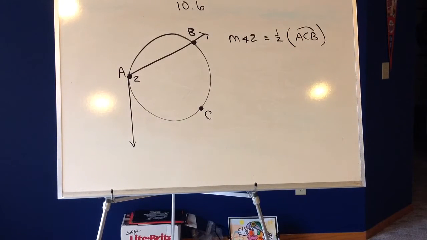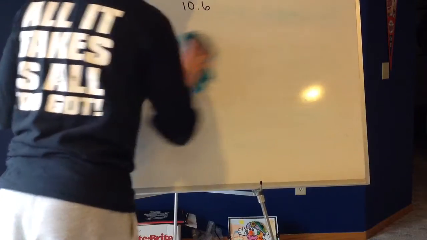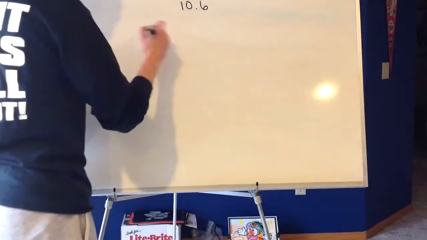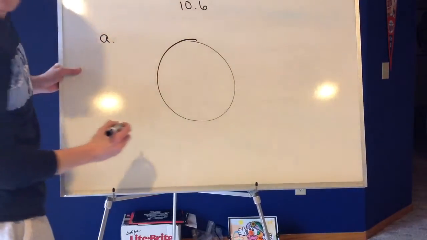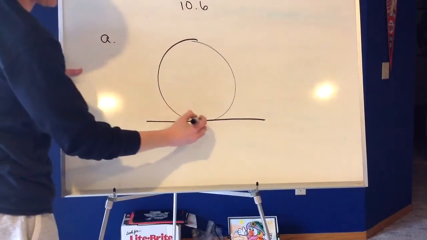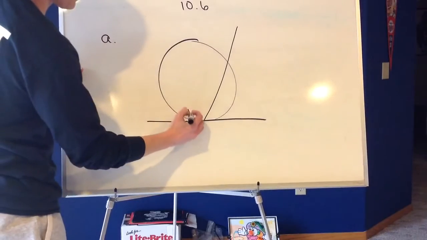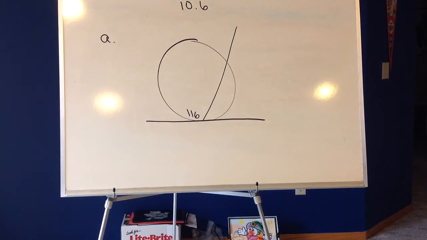Okay, so if you look at example 2, you kind of have a couple problems where we get to practice this. So the first one on example 2. They tell you the angle is 116, and they're asking you to find, oh, and there is a typo on this one.